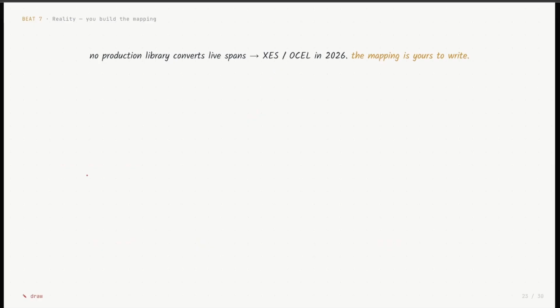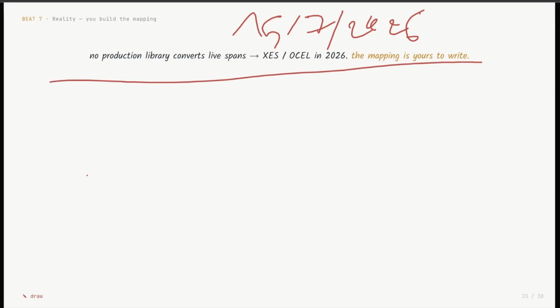So I wanted to give you a quick reality check. As of 2026, as of today, today we are the 15th, 7, 2026, while I'm recording the following video. There is basically no production library that converts agent traces to XES or OCEL in 2026.